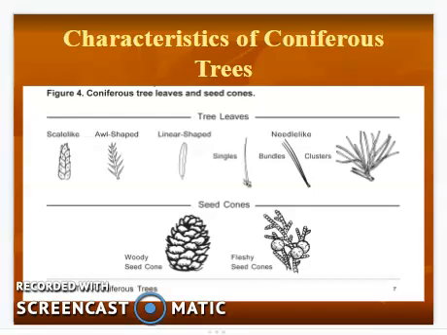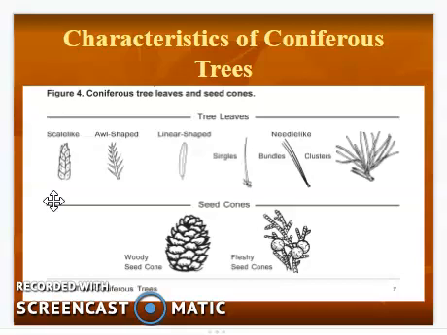First of all, you have to determine the shape of the leaves. Are the leaves from the coniferous tree needle-like? You can see some examples over here of needle-like leaves. Are they linear-shaped, awl-shaped, or scale-like? That's your first thing. Second would be to measure them. Get a ruler out.